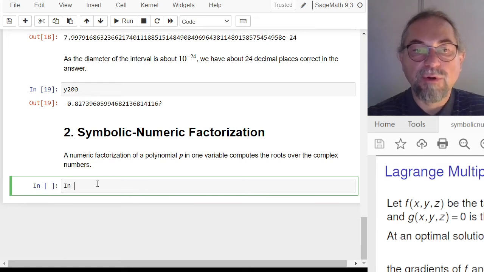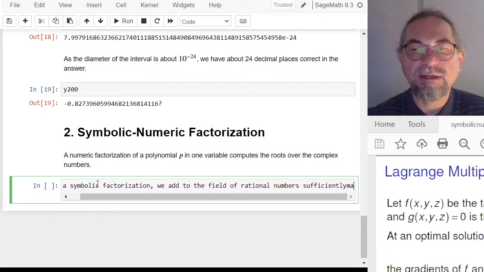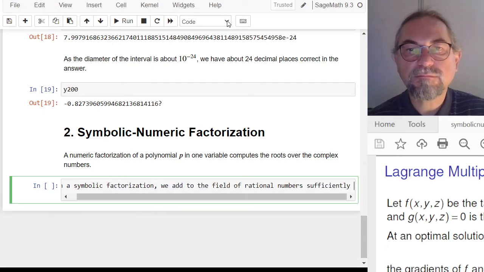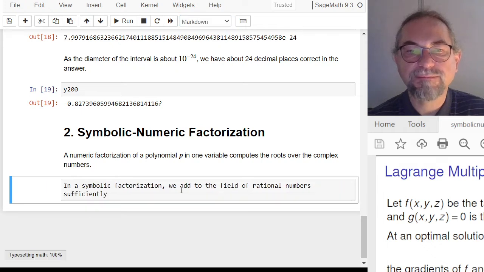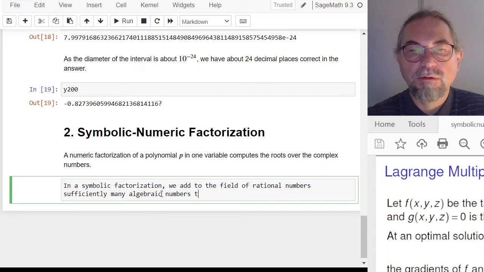So in a symbolic factorization, we add to the field of rational numbers sufficiently many algebraic roots, till the polynomial factors.